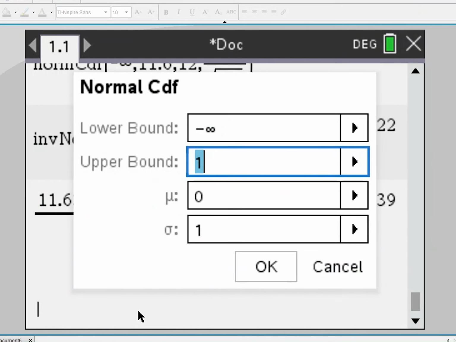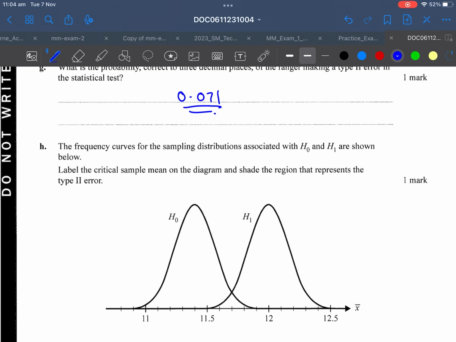The frequency curves for the sampling distributions associated with this and that are shown below. Label the critical sample mean on the diagram and shade the region that represents the type 2 error. So our critical mean was 11.632. So this is 1, 2, 3, 4, 5, 0.1 interval.